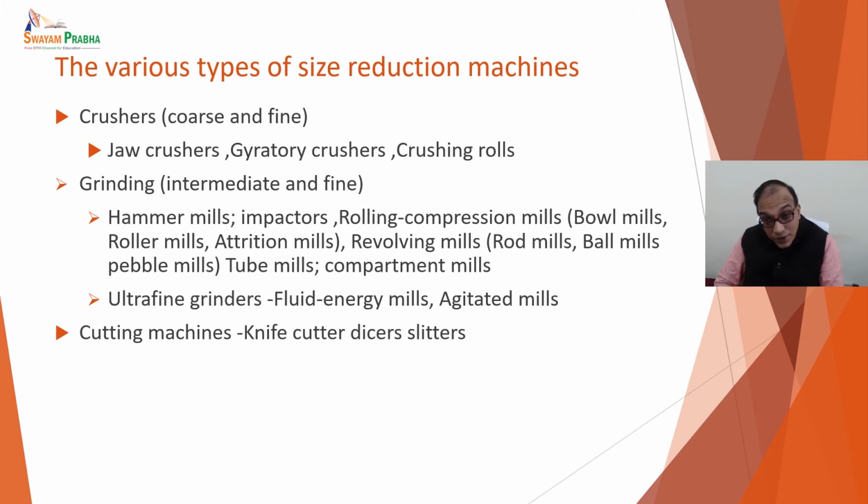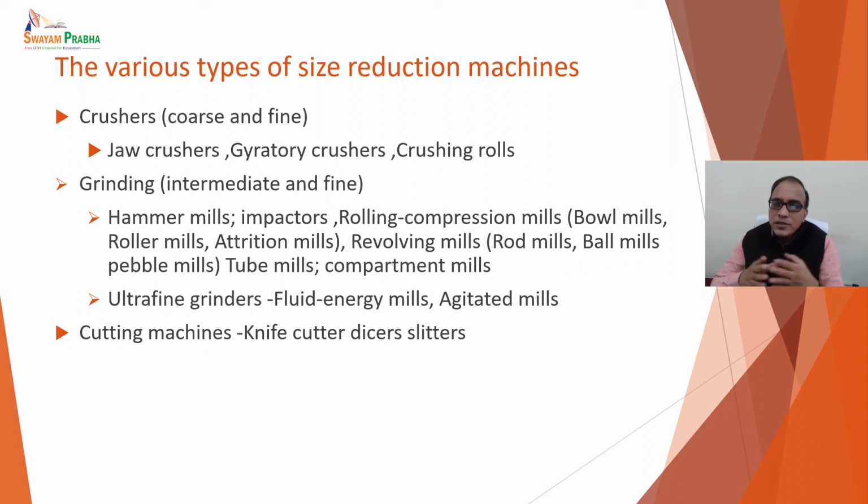The various types of size reduction machines, let's discuss them. There are crushers, which may be jaw crushers, gyratory crushers, and crushing rolls. There are grinders: intermediate and fine grinders, hammer mills, impactors, rolling compression machines, ball mills, roller mills, and attrition mills.